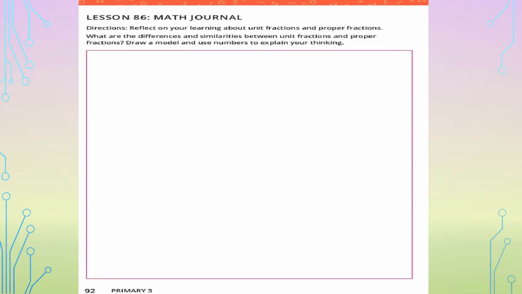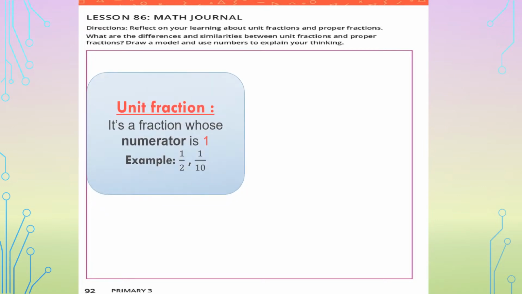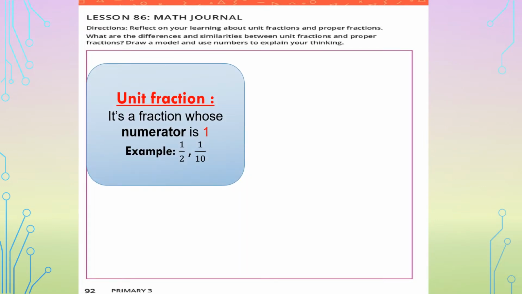Let's start here with the Math Journal. Reflect on your learning about unit fractions and proper fractions. What are the differences and similarities between unit fraction and proper fraction? We said before, a unit fraction is a fraction whose numerator is 1. For example, 1 out of 2, 1 out of 10.